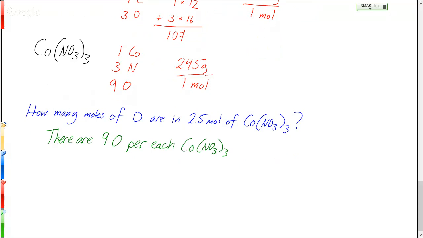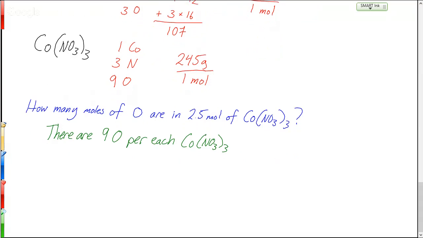That's another way of saying that. So in saying that, we've really come up with our ratio right there. There's 9 oxygens in each formula unit of Co(NO3)3. So let's make that into a ratio and solve the problem. 2.5 moles of cobalt 3 nitrate.